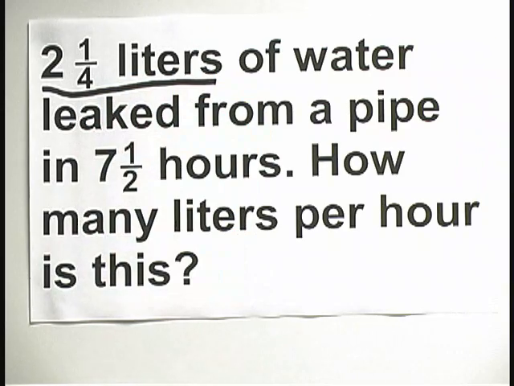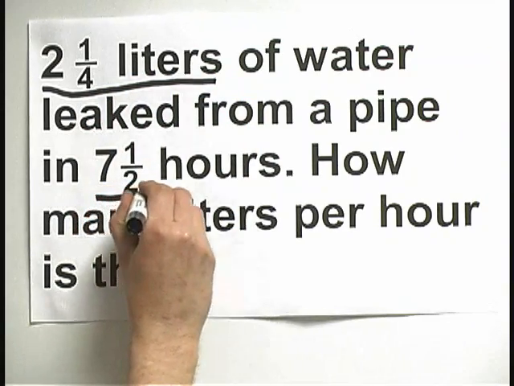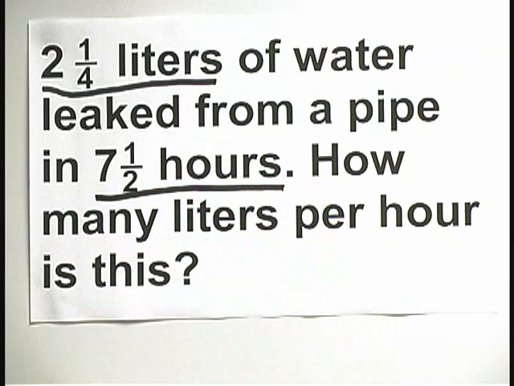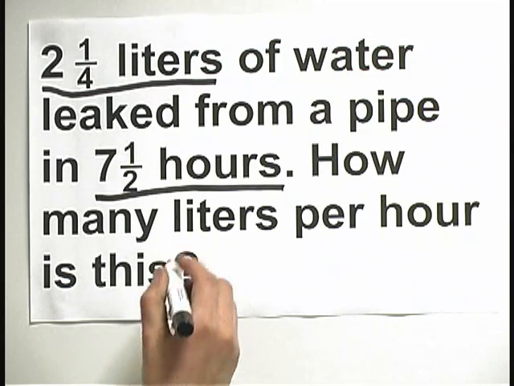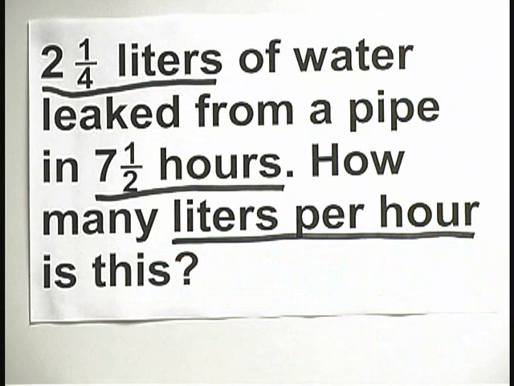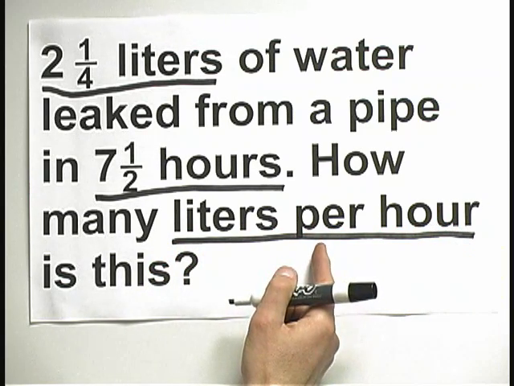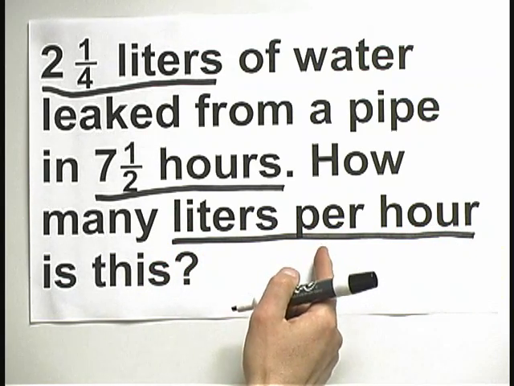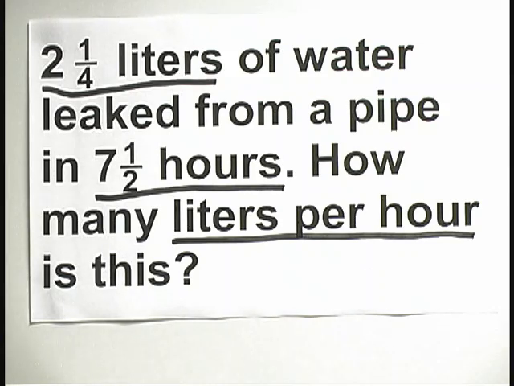I can also see that 7 1/2 hours of time are involved. We're trying to determine how many liters per hour this is. Liters per hour is a rate. We're trying to find a rate in this problem.